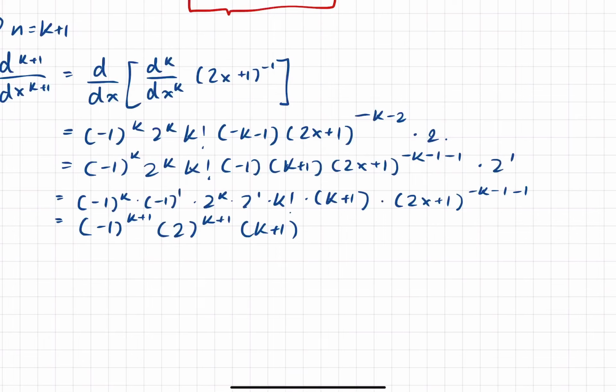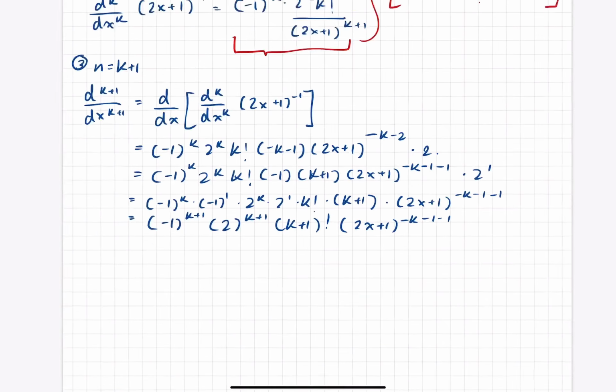Because k plus 1 is the subsequent term to k, it's just one more than k, which means if we included k plus 1 in our series of k, then we simply get k plus 1 factorial, right? K plus 1 times k factorial. So we can just push the factorial one term before k, which is going to be k plus 1. And then we get, of course, (2x plus 1)^(-k minus 1 minus 1).